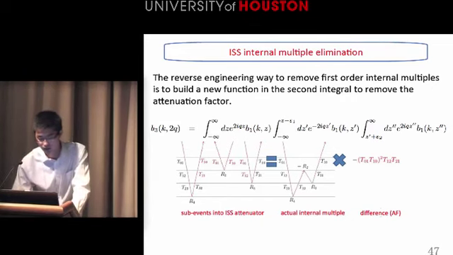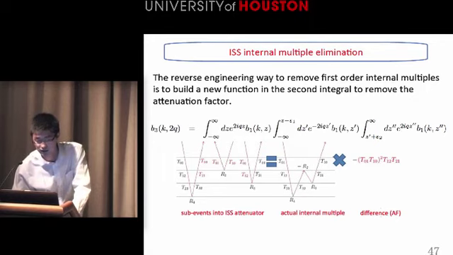All the transmission coefficients are related to those reflectors, and those reflectors are related to the second sub-event in the algorithm. The second sub-event in this algorithm contains only information from the shallowest reflector down to the generator.